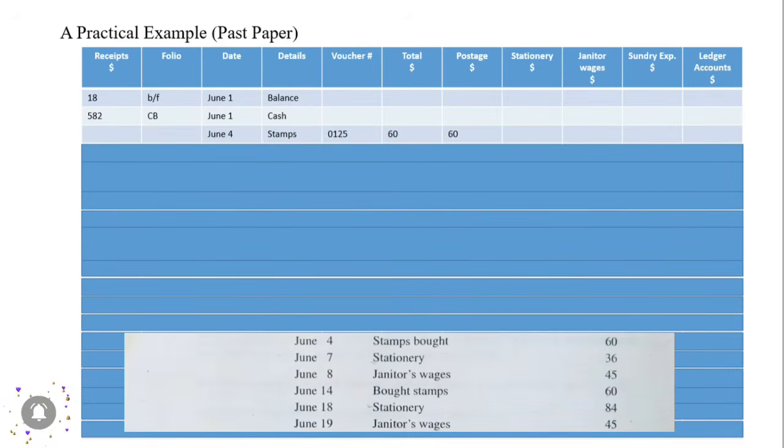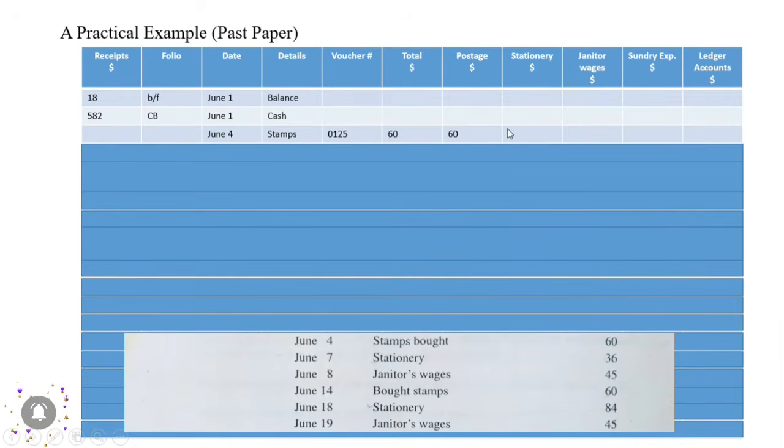Yes, here we go. So the next transaction, June 4, stamps bought. Now, when we are recording expenditures in the petty cash book, we write the date, we write the details, we write the voucher number. It is important to note that we record the amount of money for the transaction or the expenditure in the totals column, but we should also record the amount under the expenditure column or the analysis column.